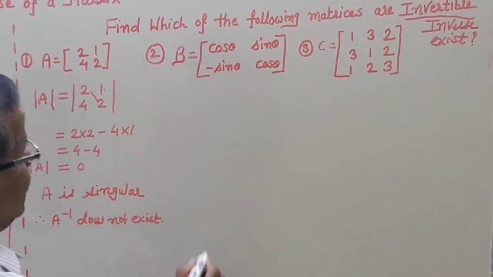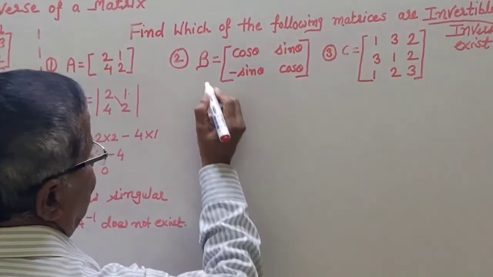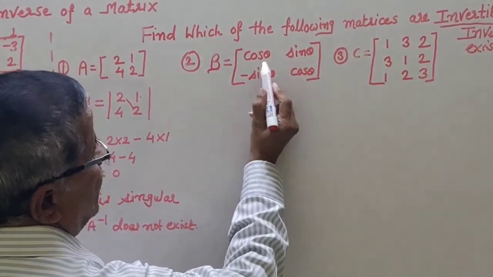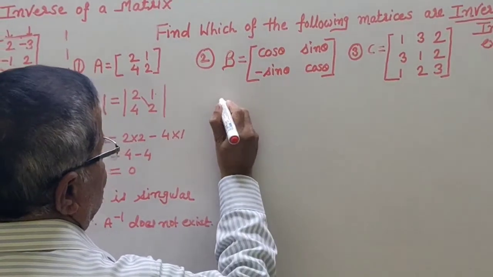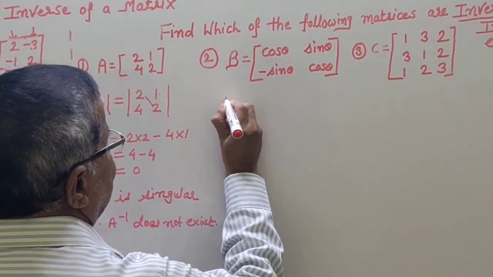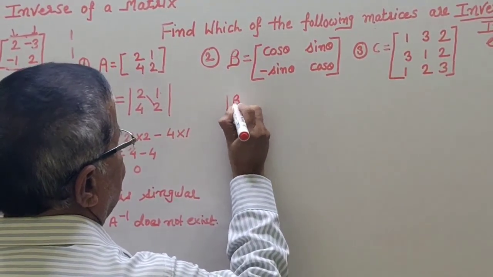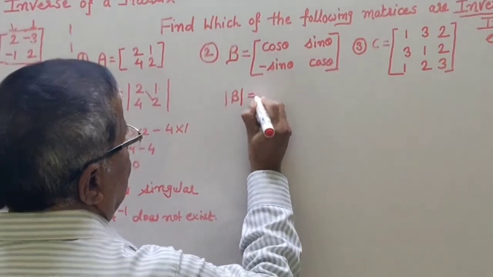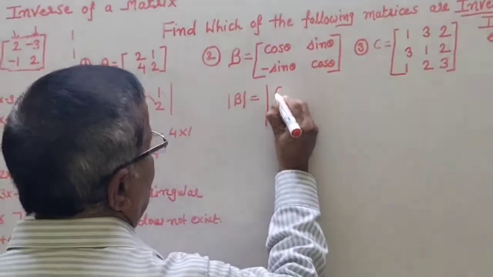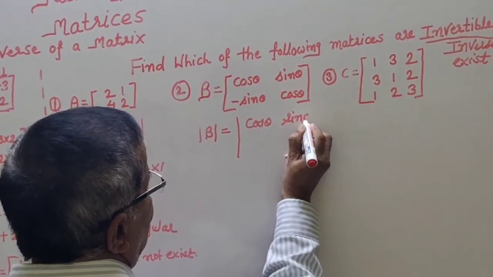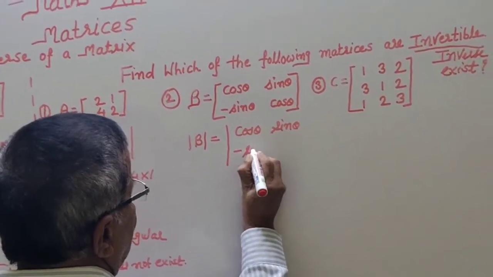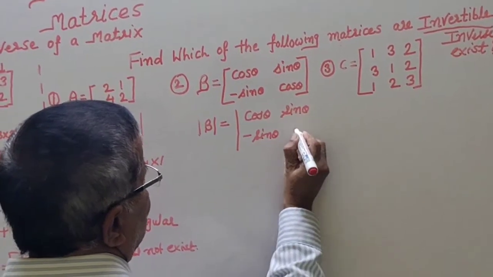Now we will go to another problem, where B is equal to [cos theta, sin theta; minus sin theta, cos theta]. For this also I will start with the determinant of B, is equal to the determinant of cos theta, sin theta, minus sin theta and cos theta.